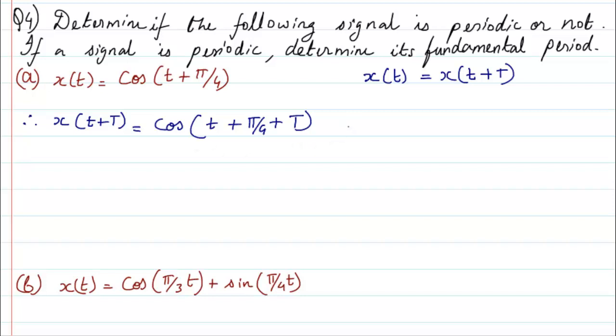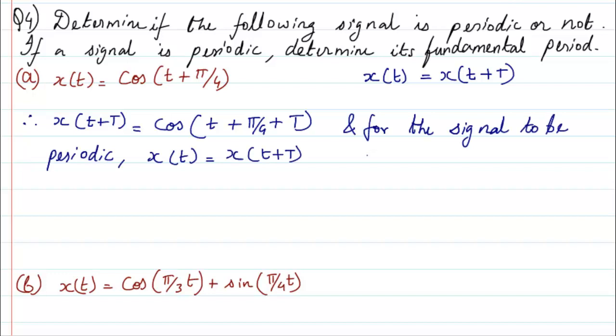And for the signal to be periodic, the condition is that x of t should be equal to x of t plus capital T. Therefore, now we have the equation cos of t plus pi by 4, which is x of t, should be equal to cos of t plus pi by 4 plus capital T. We know that cos of t is periodic with a period of 2 pi.